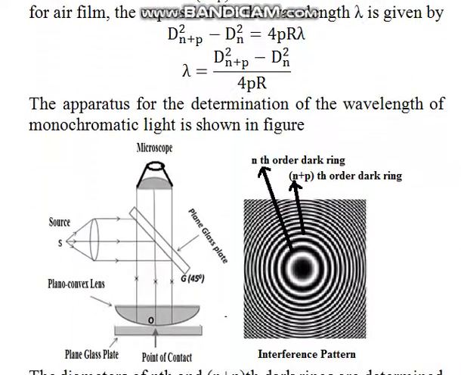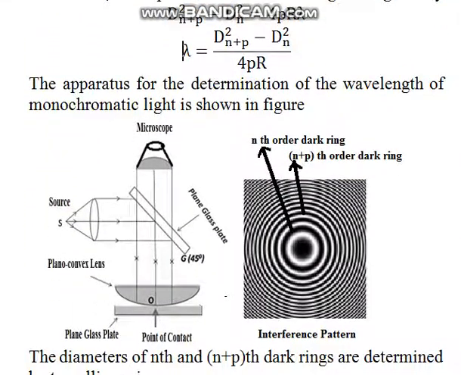In order to determine the unknown wavelength, first of all we take the unknown source. Here we put the source, and by the help of this source there is an arrangement of normal incidence on the set of the plane glass plate and the plano-convex lens, and by proper adjustment of the experiment we obtain the Newton's rings.